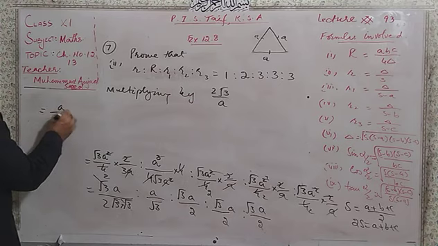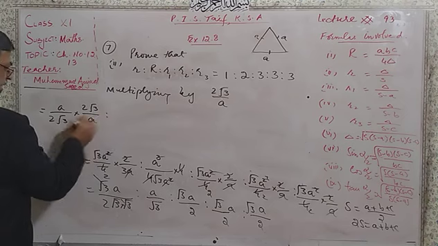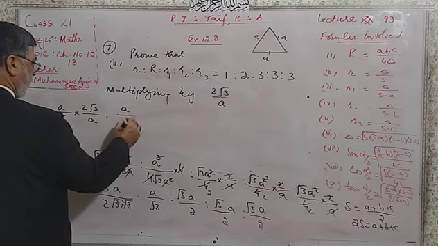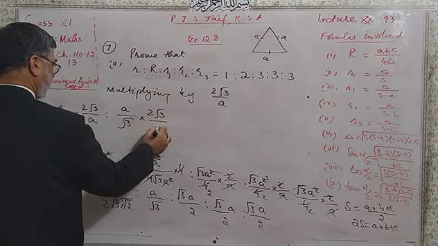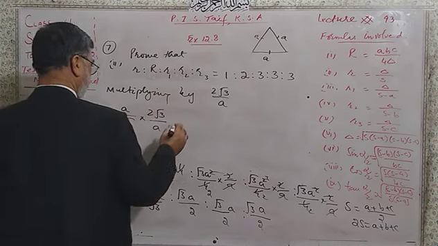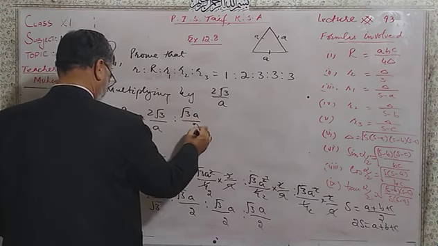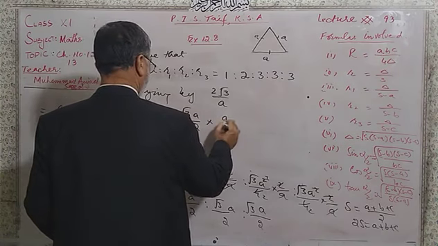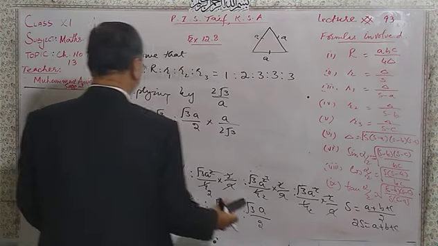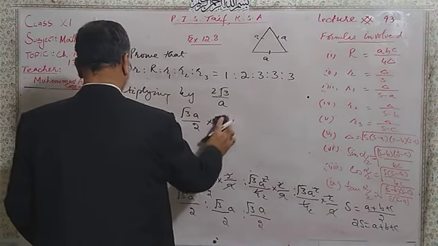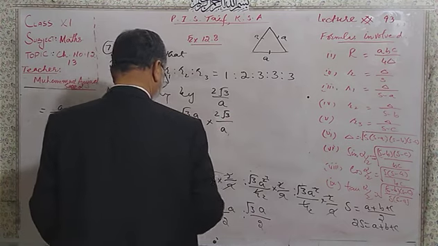Here A over 2 into root 3, multiplied by 2 into root 3 over A. Ratio A over root 3 multiplied by 2 into root 3 over A. Then ratio root 3 A over 2 multiplied by A over 2 into root 3. No, I think this is 2 into root 3 over A. Yes, 2 into root 3 over A.